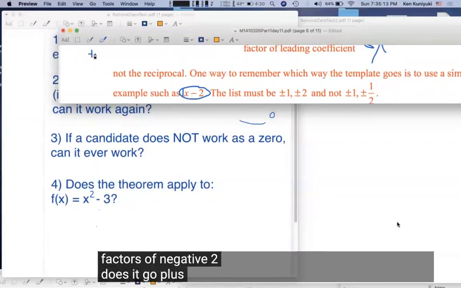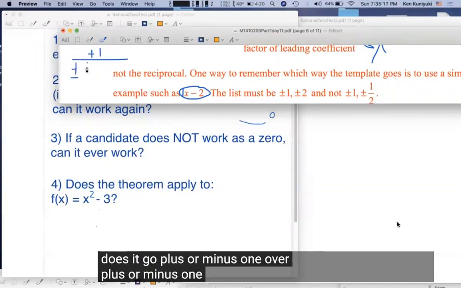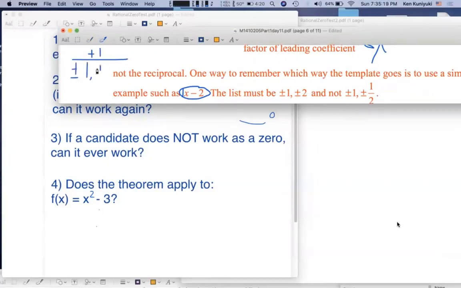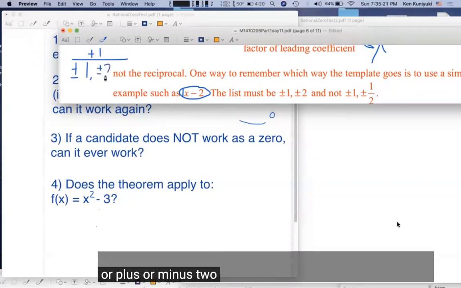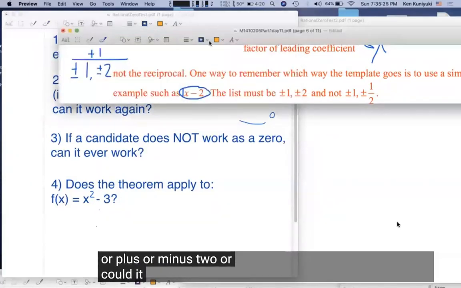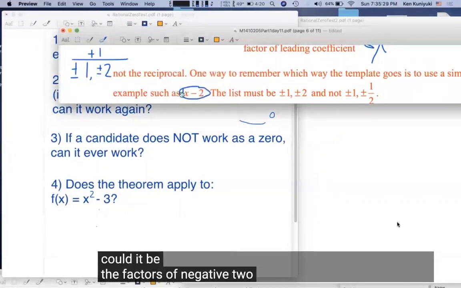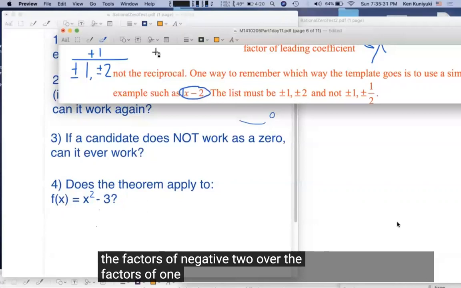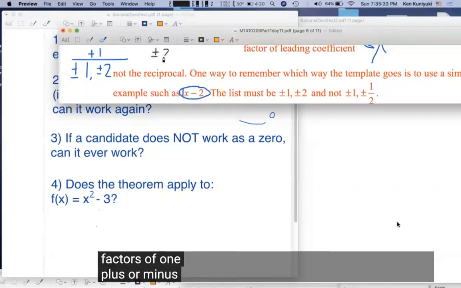Does it go plus or minus 1 over plus or minus 1 or plus or minus 2? Or could it be the factors of negative 2 over the factors of 1? Plus or minus 2, plus or minus 1 over plus or minus 1.